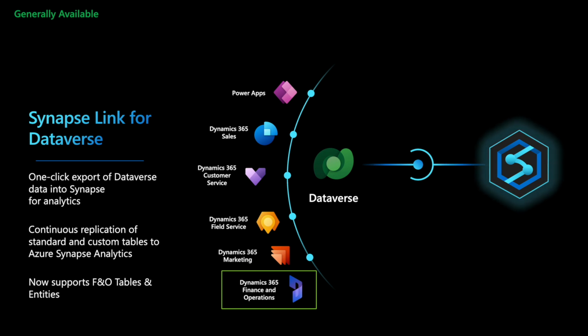I'm sure you're aware, but Synapse Link for Dataverse now supports finance and operations data. So essentially we have one experience to work with all data, including finance and operations. Finance and operations data in Synapse Link Dataverse is generally available. It has been generally available since early September.